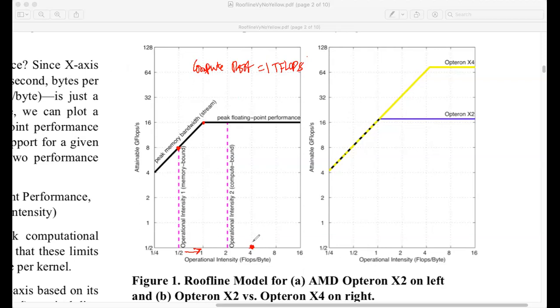If the memory bandwidth also remains the same, let's say the memory bandwidth increased from 16 GB per second to 32 GB per second. I'm just changing the number so that you'll think, okay, GB per second. So how much should the program move to the right so that it will hit the compute roof?